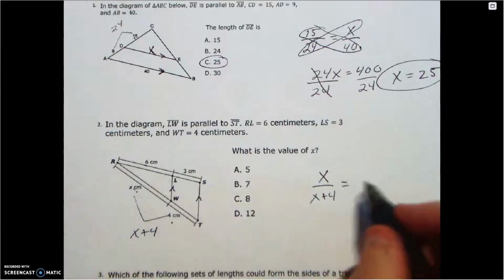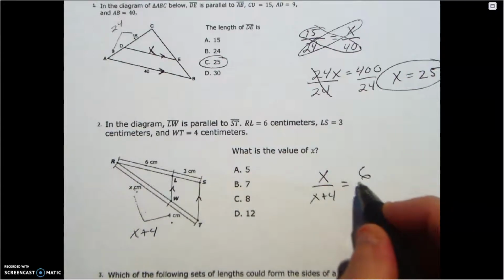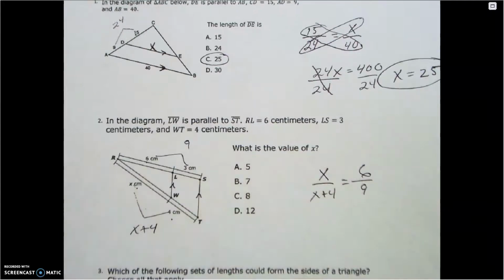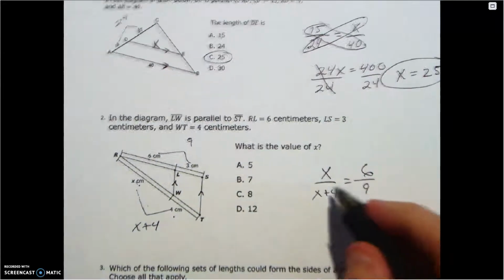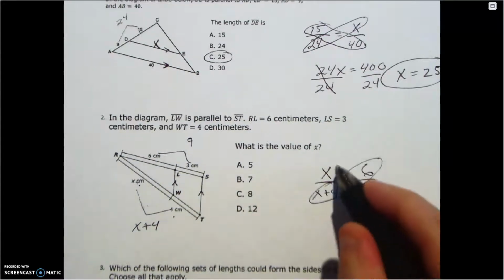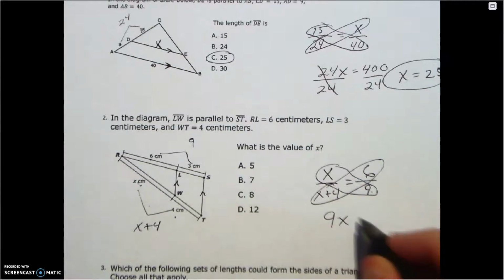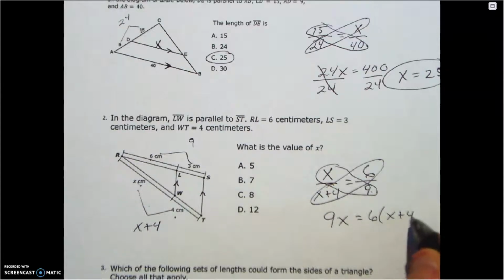Equals 6 over these two added together, which will give me 9. Then again, I am going to do cross multiplication. I'm going to multiply these. I'm going to multiply those. 9 times x is 9x, and then we got 6 parentheses x plus 4.